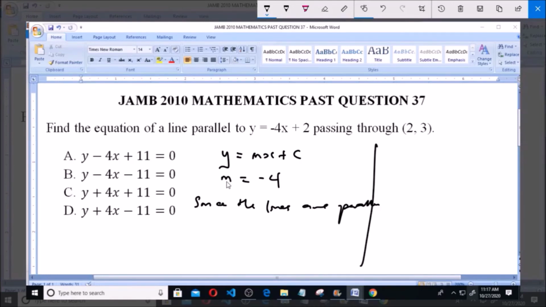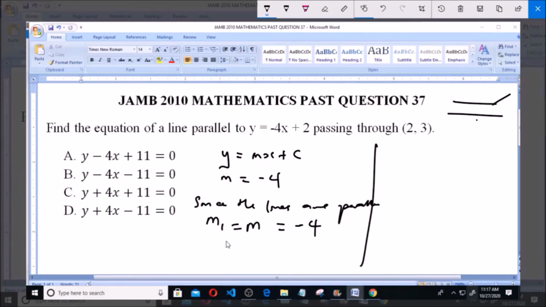When it's perpendicular it will be different, but because it's parallel, the slope of this first line, y equals minus 4x plus 2, will be the same. So we can now say that the slope of the second line, let's call it m1, is equal to the slope of the first one, m, which is equal to minus 4.